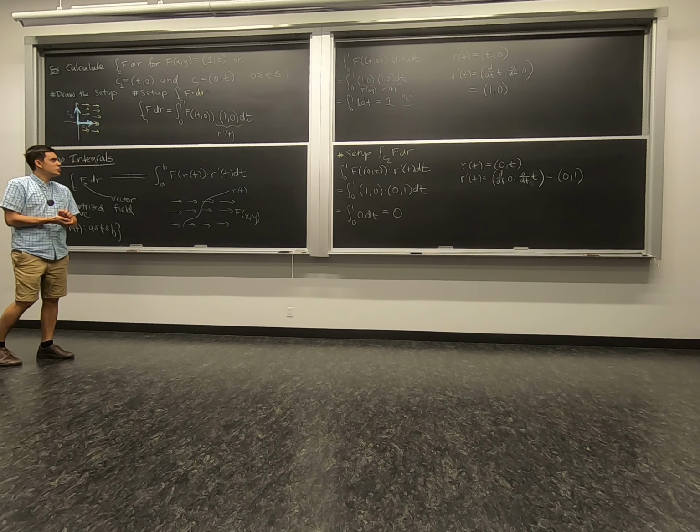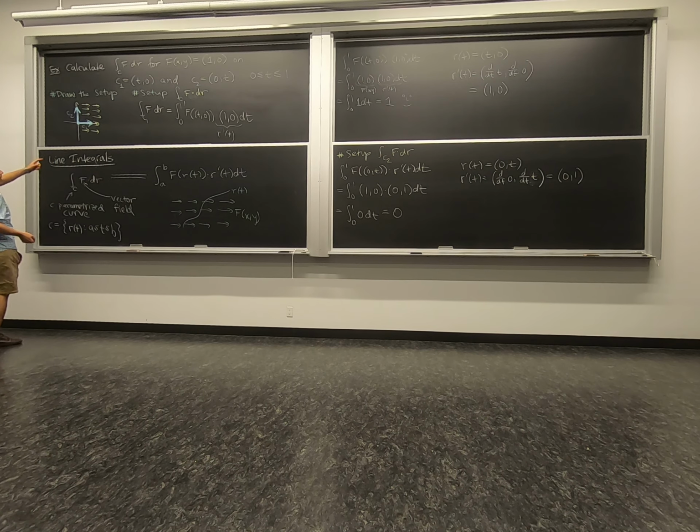Okay, so two things to notice here. On the C1 path, the flow of the river helps us. It does a positive amount of work because the path is correlated with the flow of the river. On the C2 path, it's totally orthogonal to the flow of the river. The river is not contributing to our travel in any way.